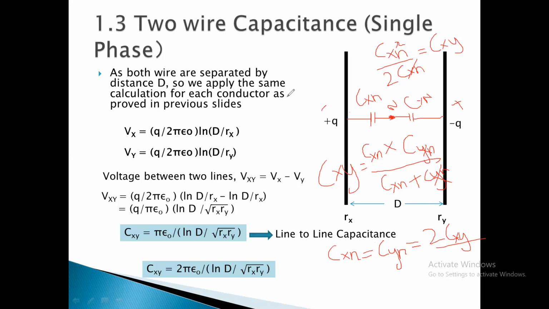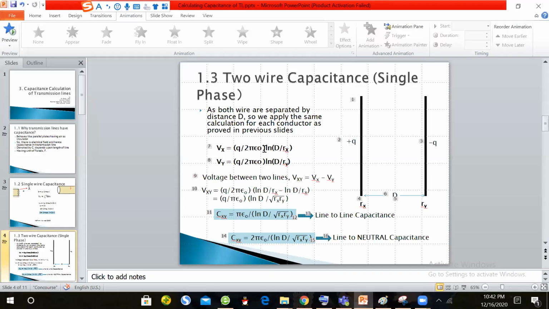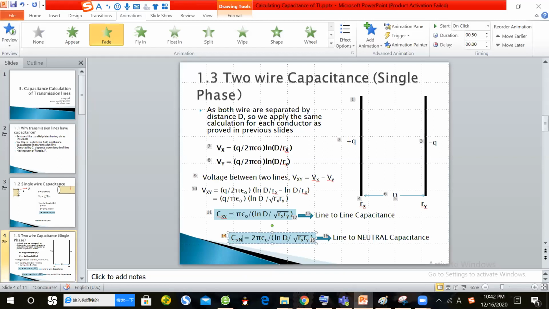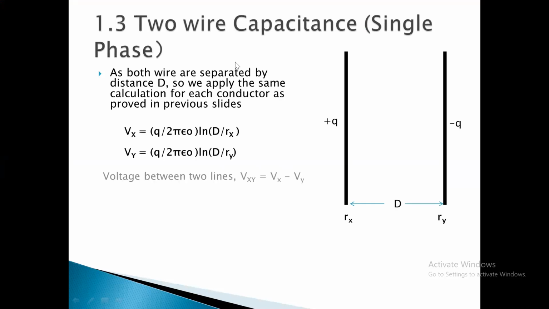Okay, I can clear this one. And one more thing I want to tell you, that here I made one more mistake. Here is X2N. So did you understand that if there are two capacitors and you want to find the capacitance between two wires, you have to use this formula.